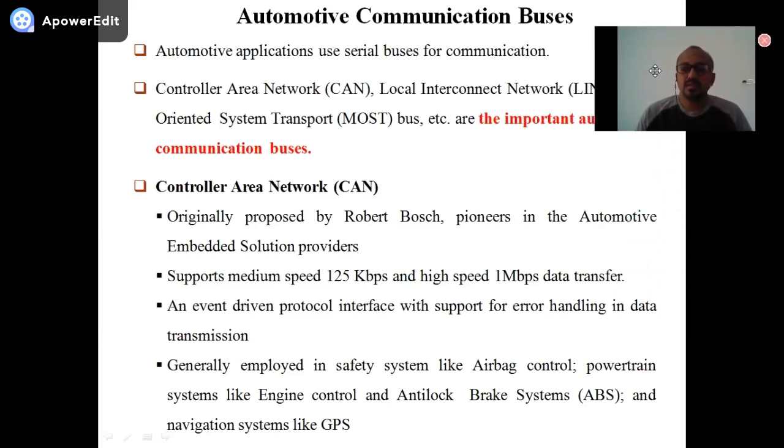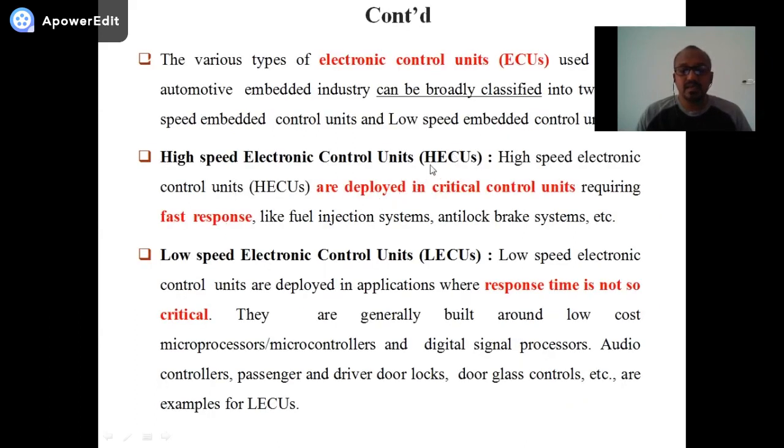So the first one in this list is CAN, the Controller Area Network, originally developed by Robert Bosch. Robert Bosch is the company which is a pioneer of automobile embedded solutions. This bus protocol supports LECU and HECU, the high speed electronic control units.